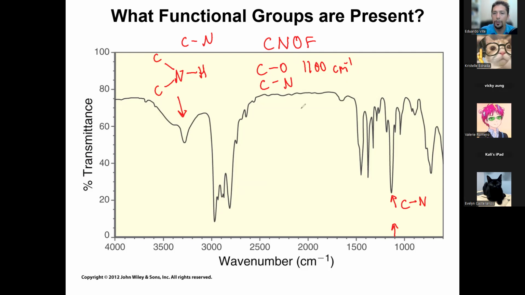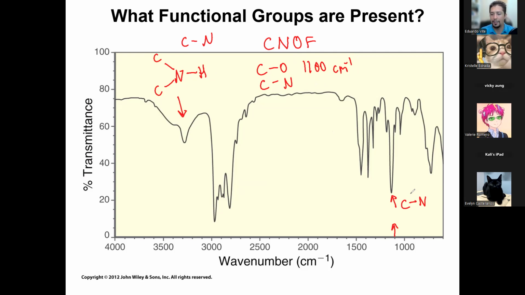So if we know that we have a CN from a secondary amine, we should look in the same region to see if we find something strong that we can use to claim, that's very likely a CN peak right there. And we did find a signal, this one right here. So this is very likely that CN stretch. Okay, I understand. Thank you. Yeah, we're just comparing it.